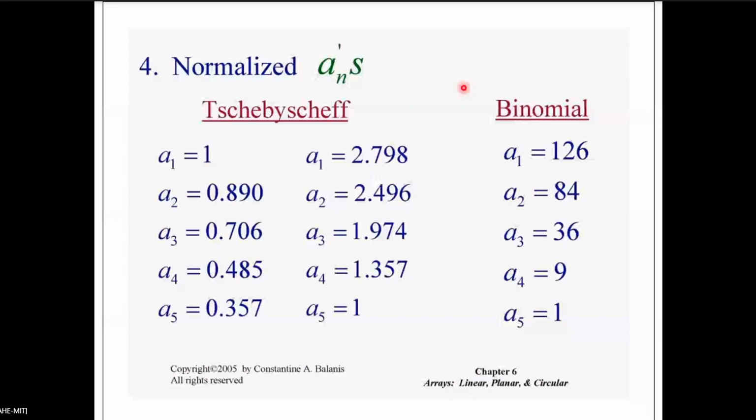Sir, we have to find the nulls and what else, sir? Only the null is asked. Find the null. Have you done? You use d is equal to 3 lambda by 4.